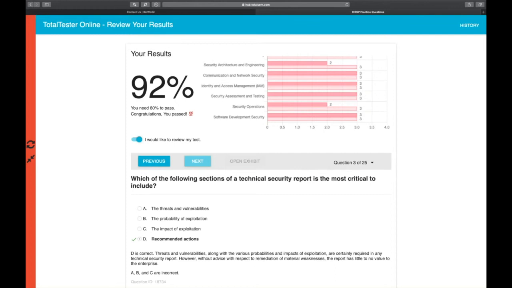A technical security report is most critical to include threats and vulnerabilities along with the various probabilities and impacts of exploitation are certainly required in any technical security report. However, without advice with respect to recommendation of material weaknesses, the report has little to no value to the enterprise.